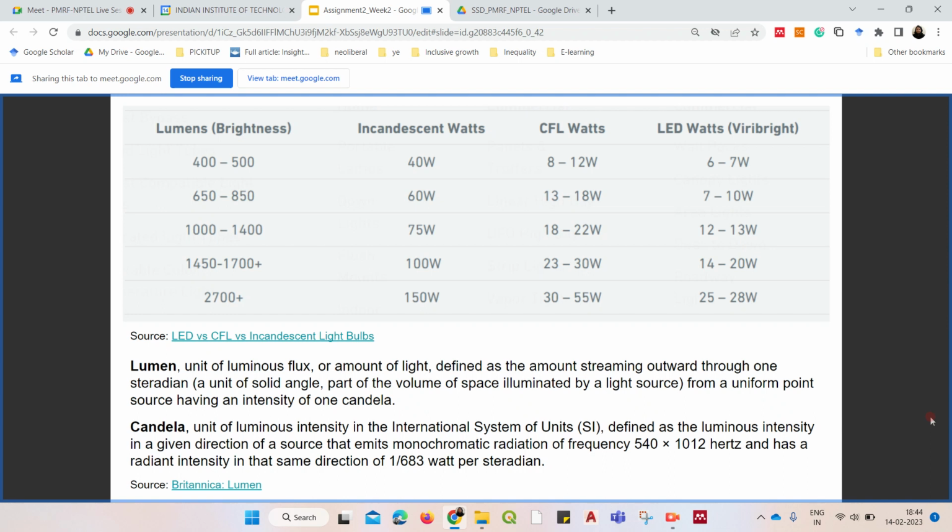So based on your need of how much brightness you want in a room, you can calculate how much wattage of electricity will be required, and how it is different from if you use an incandescent lamp.